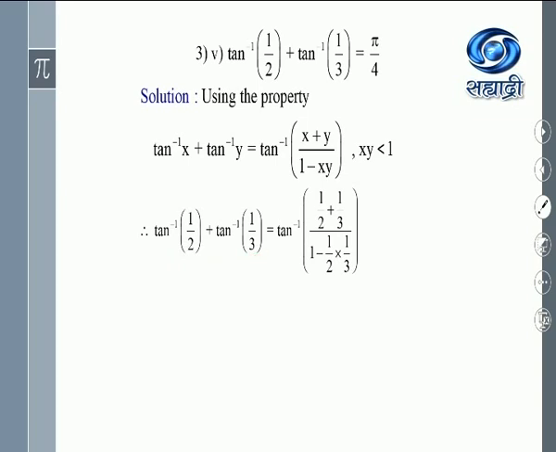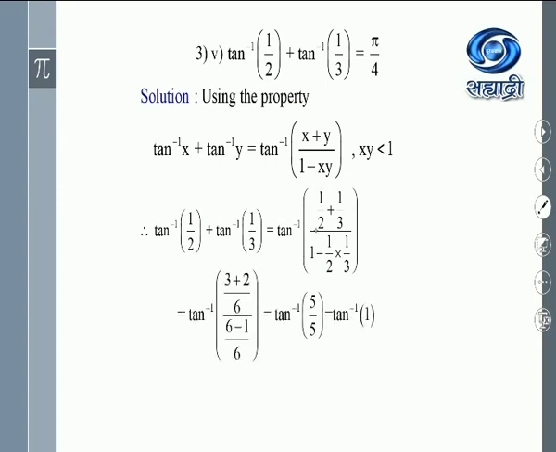Therefore, tan inverse of 1 upon 2 plus tan inverse of 1 upon 3 is equal to tan inverse of x plus y upon 1 minus xy, where x is 1 upon 2 and y is 1 upon 3. Simplify. Which is tan inverse of, see the LCM, 2 into 3 is 6. To this we multiply by 3 and to this by 2, giving you 3 plus 2.